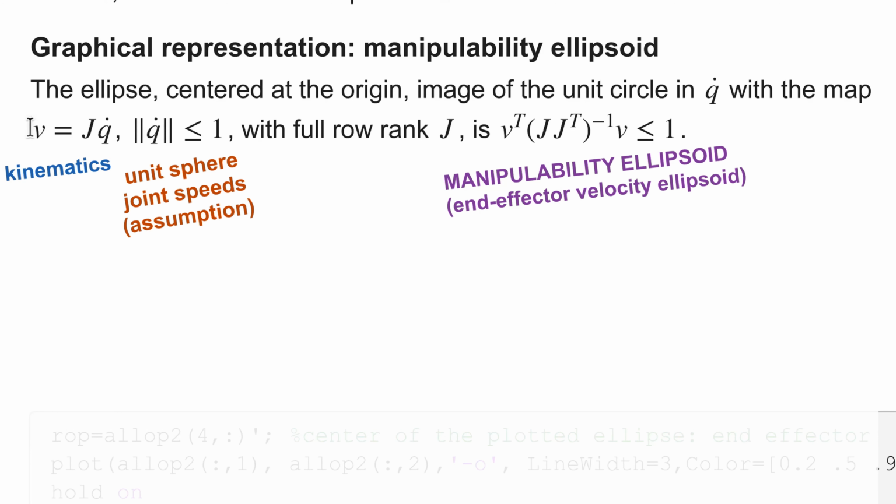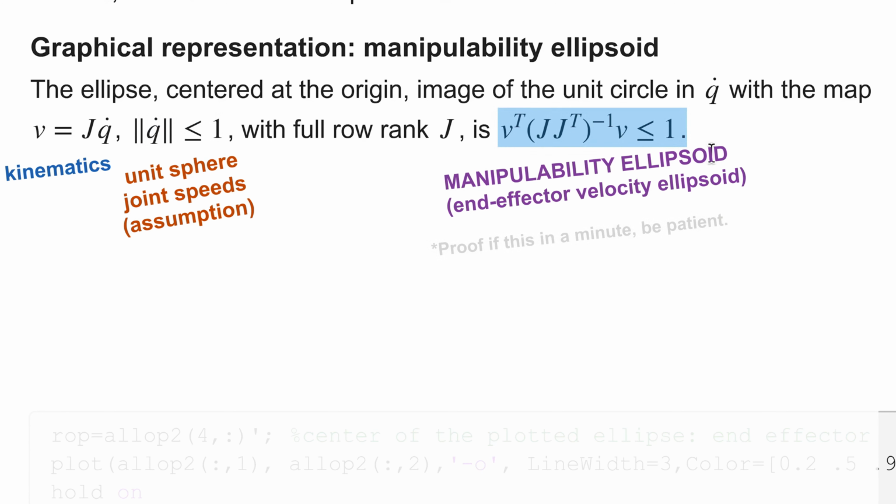For the moment being, let us imagine that I have this velocity equation of a given manipulator with the Jacobian at a particular pose, and that I know that the Euclidean norm of the joint velocities, the norm of the dot q vector, is less than 1. So this will mean that the joint velocities will be in the unit sphere. Then, which will be the set of attainable end-effector velocities with this dot q unit sphere constraint?